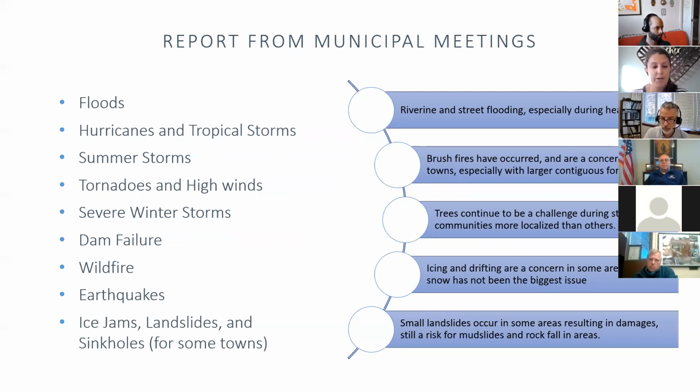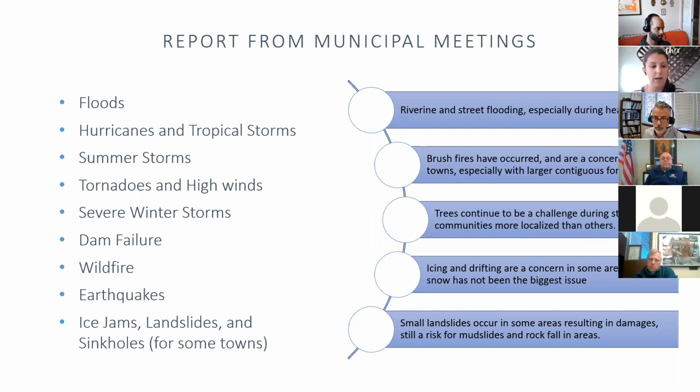Like I mentioned, trees are always a concern, so still an issue during storms. We recently experienced that with SIS, right? So maintenance, and during storms, trees coming down, outages, blocked roads, emergency access, icing and drifting. Again, we see snowstorms not as big a concern anymore.